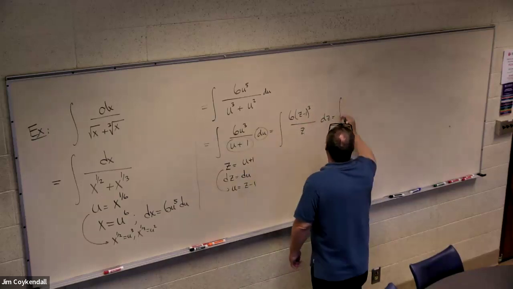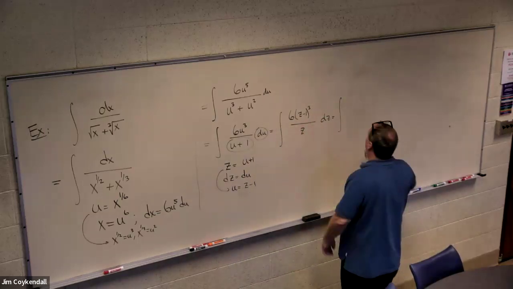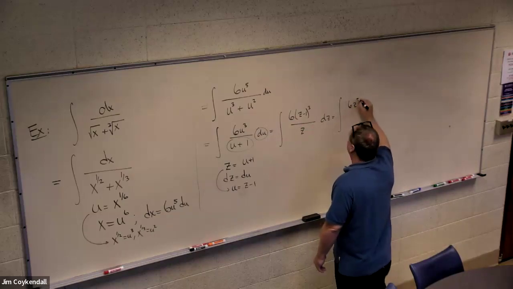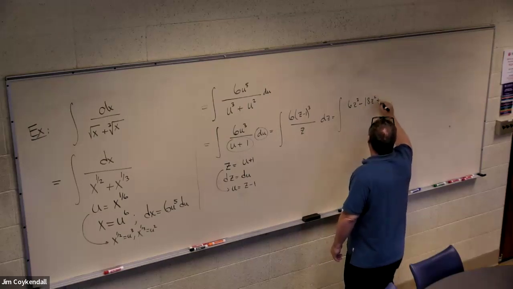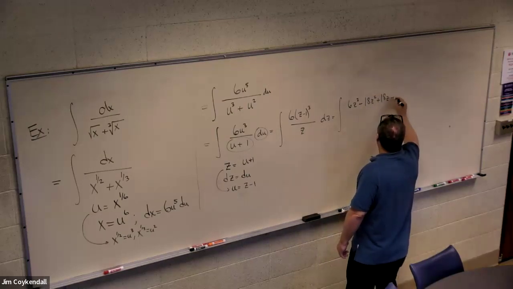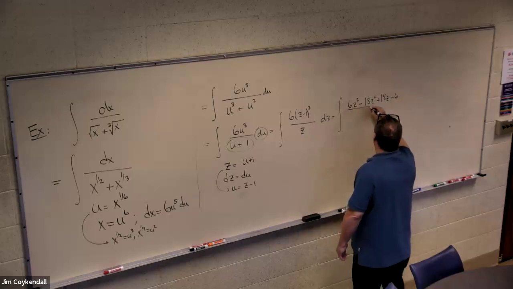And that sounds like a death knell. If I multiply this out, I get 6z cubed minus 18z squared plus 18z minus 6, all over z.